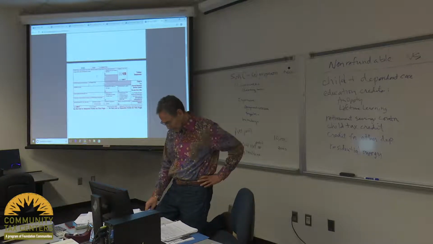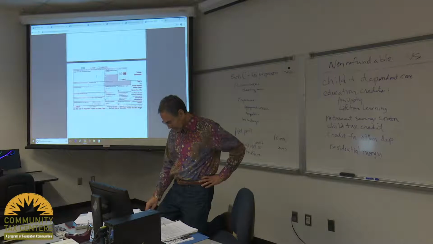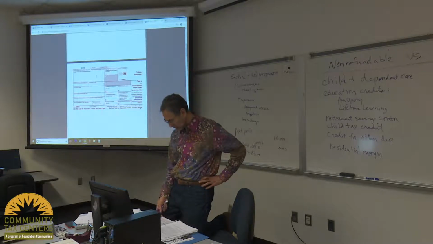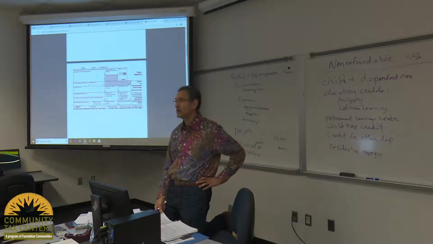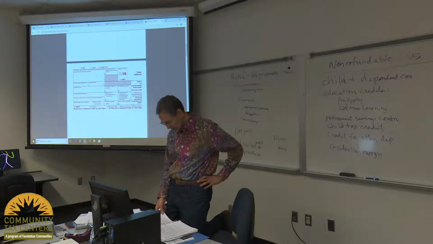What are qualifying expenses? It's expanded for the American Opportunity Credit to include course materials. For this purpose, course-related materials are books, supplies, and equipment needed for a course of study, whether or not the materials are purchased from the educational institution as a condition of enrollment or attendance. Okay, that's what we said.